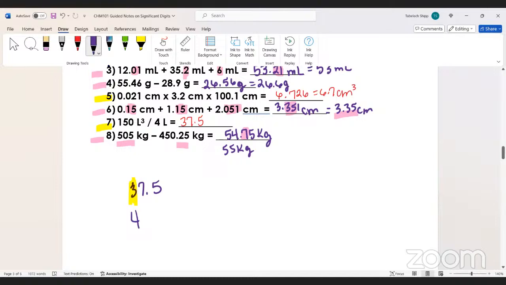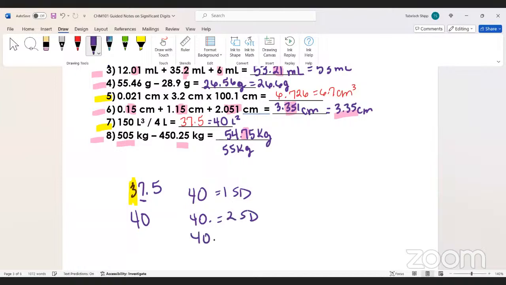But you cannot just say that the final answer will be 4. You have to account for that 7's place. And so you would actually say 40 is the answer. Okay? But without the decimal, so 40 liters squared. And here's why. If you write 40 without the decimal, that's 1 significant digit. But if you write 40 with a decimal here at the very end, that's 2 significant digits.